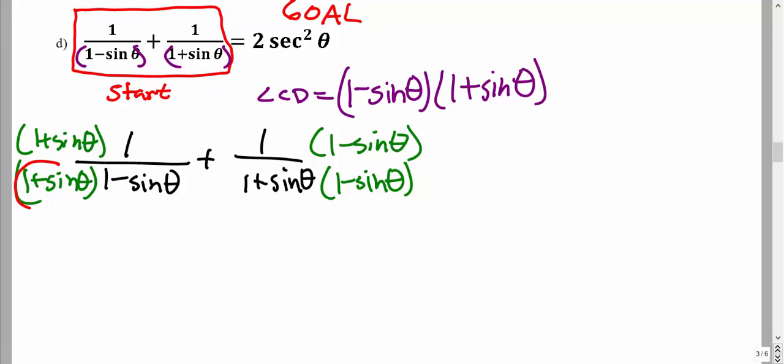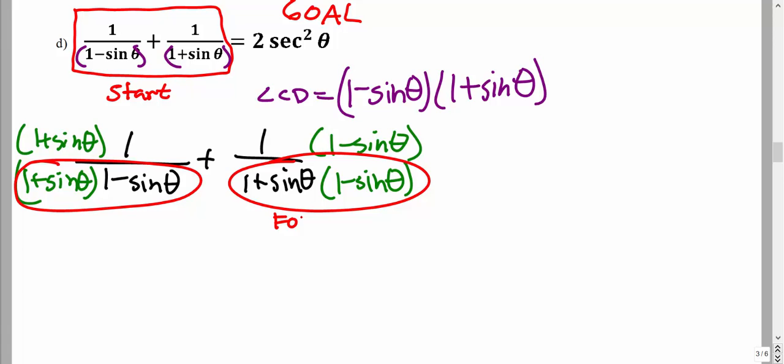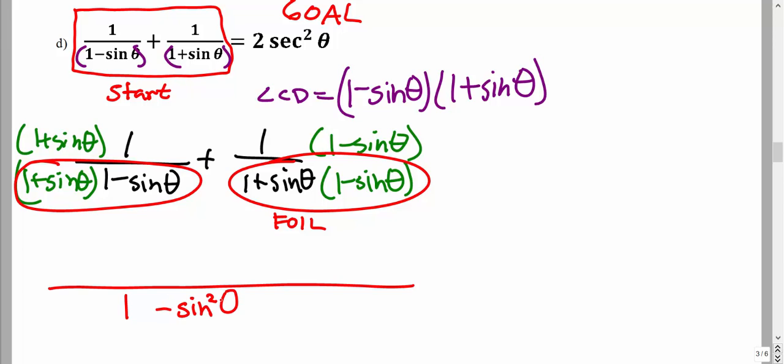Now we're going to FOIL here and here to get our new denominator. So when we FOIL, first times the first, and these are conjugates. And when I multiply conjugates together, the two middle terms are going to end up canceling each other out. So we end up with first times the first, and then last times the last, which would be 1 minus sine squared theta.